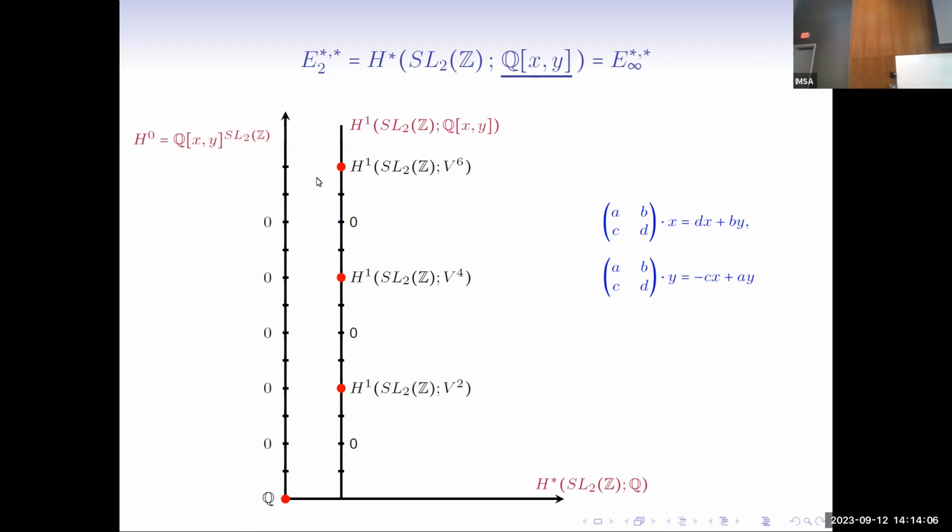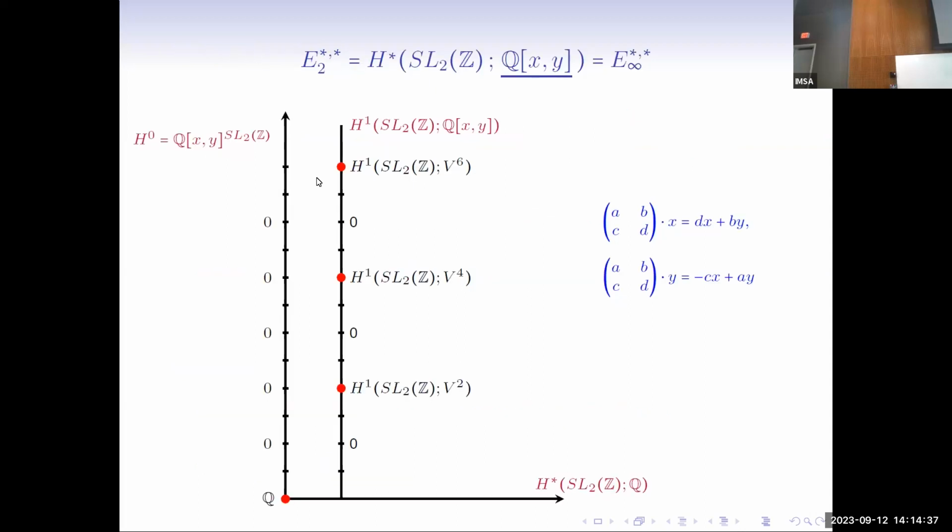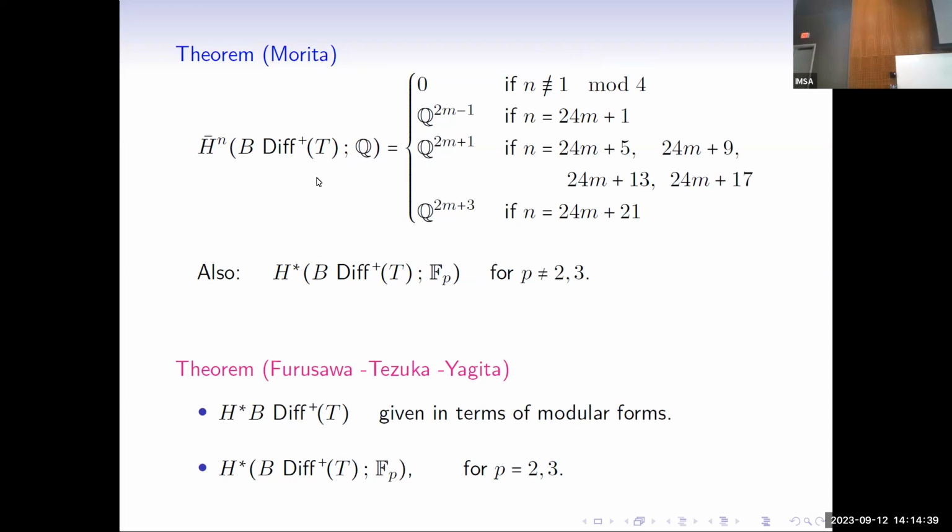So in principle, we have to worry about even dimensional classes, but it turns out that the cohomology really only appears in dimensions which are multiples of 4, right? And it was Morita who first computed these groups just by hand. So he wrote the Eichler complex to compute these H1s, right? And this is the result.